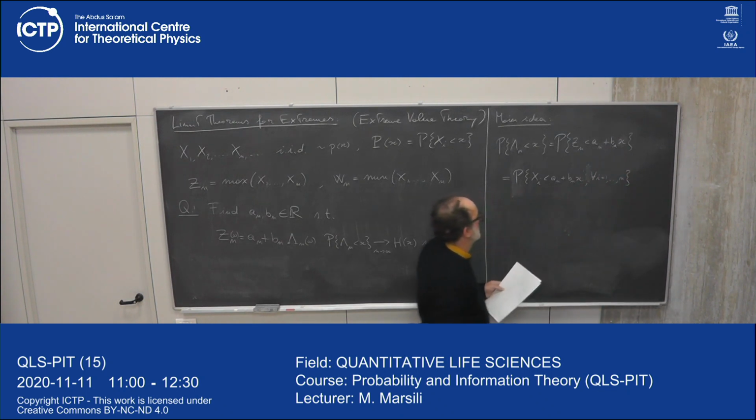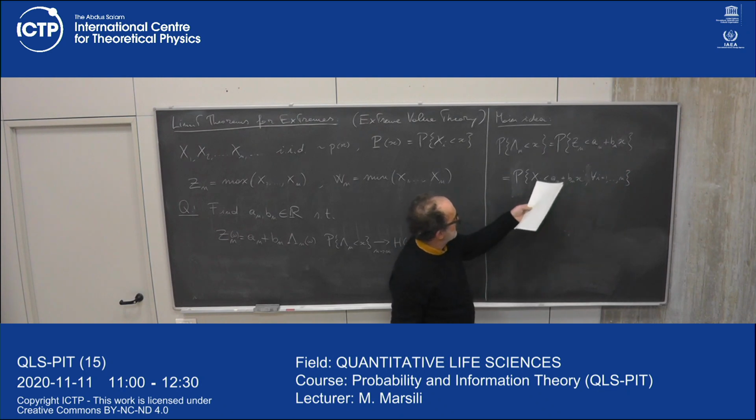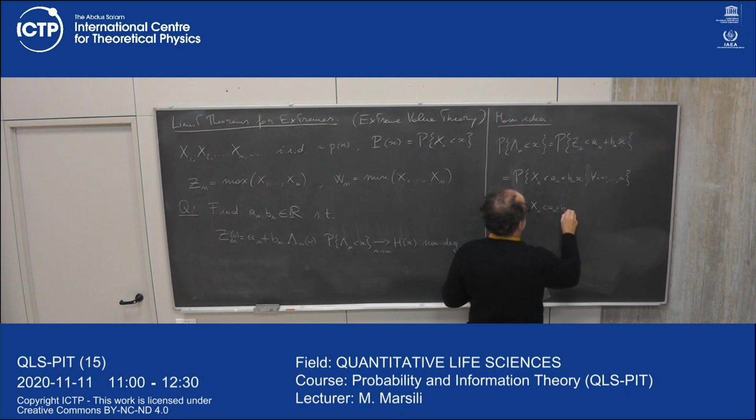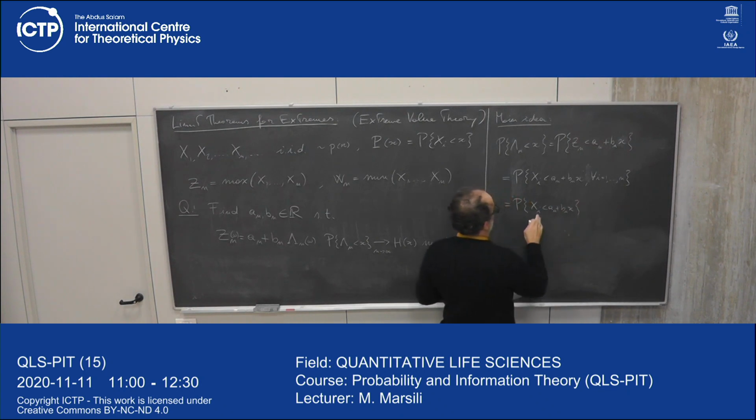Okay? But now these random variables are independent, so these events are independent. So this is the probability that xi is less than an plus bn times x for all random variables i, but they are also identically distributed.